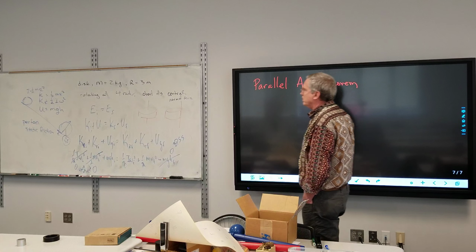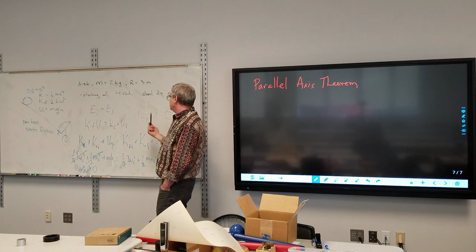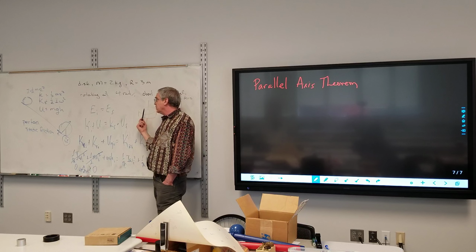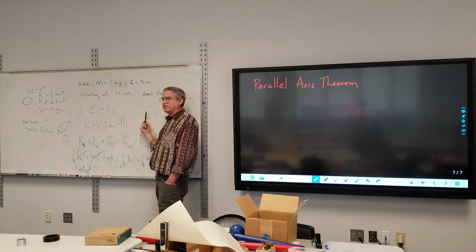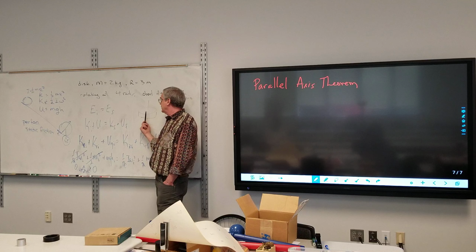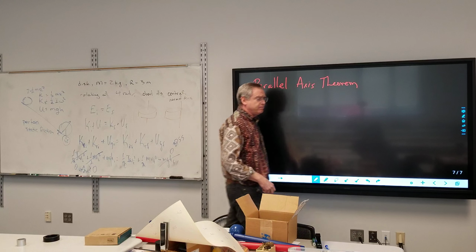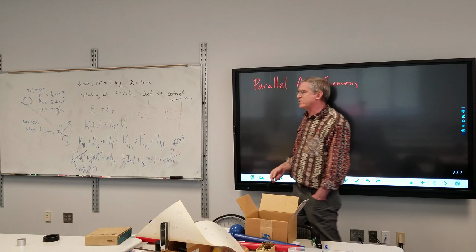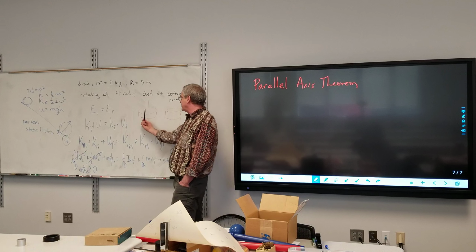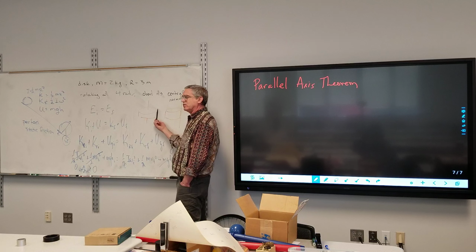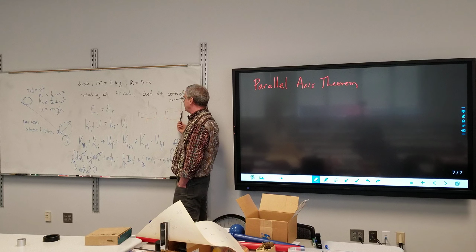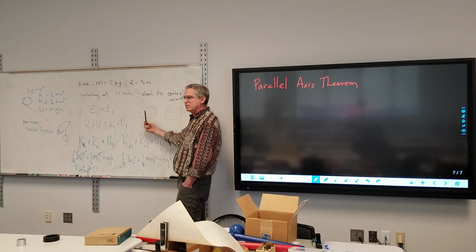If you know the moment of inertia about its center of mass, then you can calculate it for anything that has an axis that is parallel to it. So I have an axis here, all I did was shift it this way. This axis here is parallel to the central axis.